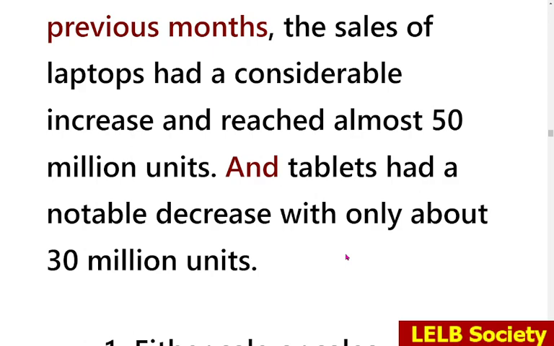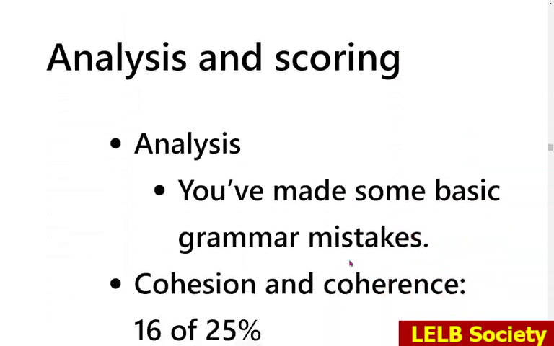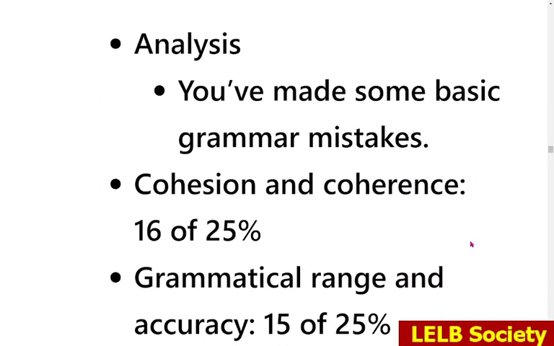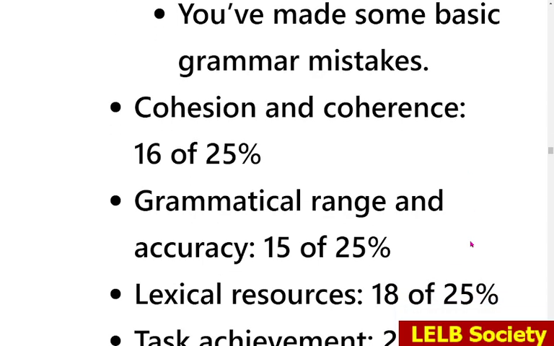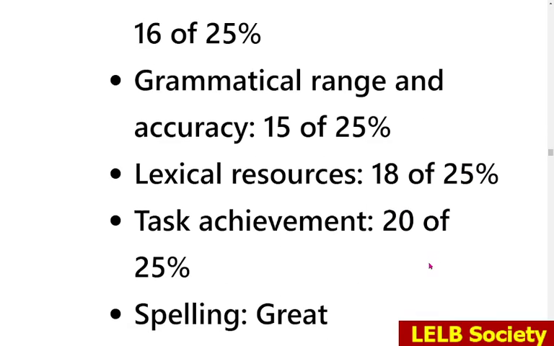And tablets had a notable decrease with only about 30 million units. Because of that, you have made, these are my notes, some basic grammar mistakes that should be avoided. Cohesion and coherence, 16 out of 25. Grammatical range and accuracy, 15. Lexical resources, 18. Task achievement, 20.